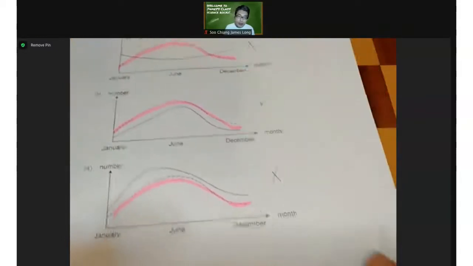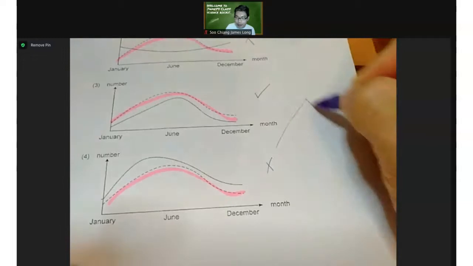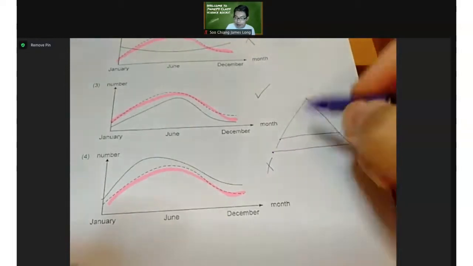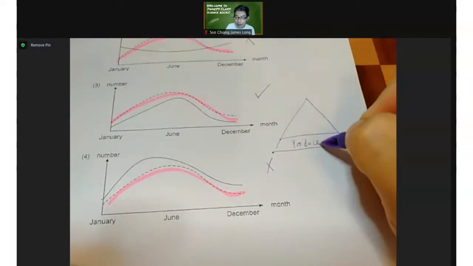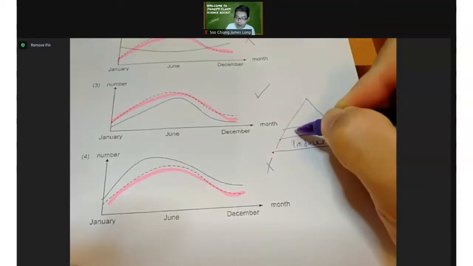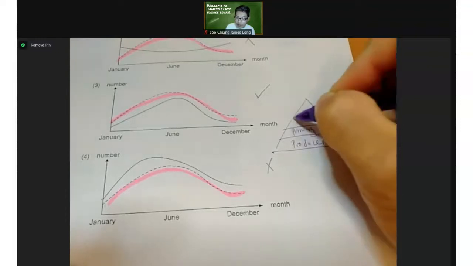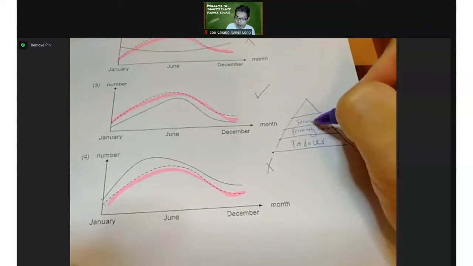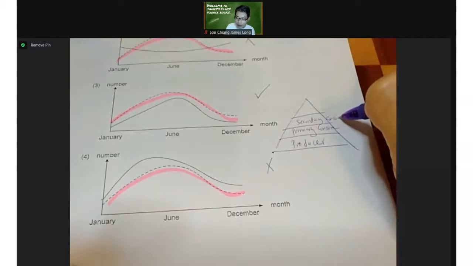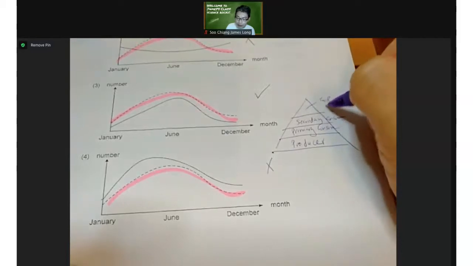So let me help you to recall this idea of the food pyramid. At the bottom here is always your producers, alright, followed by your primary consumer, of course, then your secondary consumer, of course, your top predator is here.